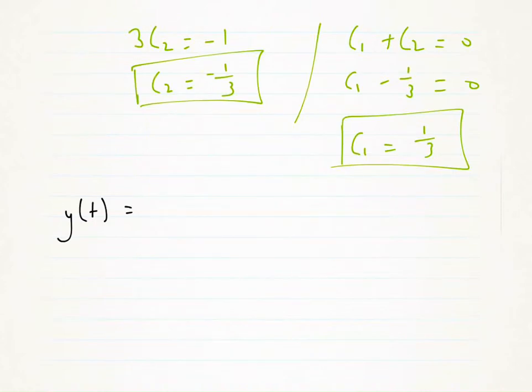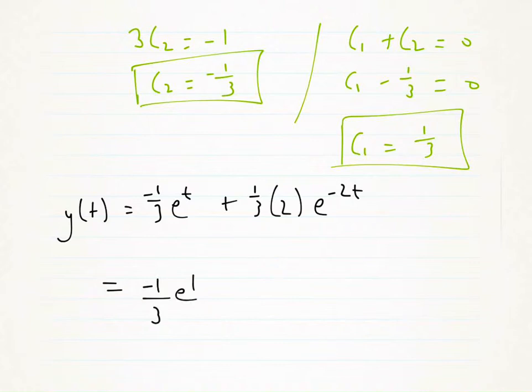So y of t is equal to 1 over 3 e to the t minus 2 over 3 e to the minus 2t. And that's our answer.